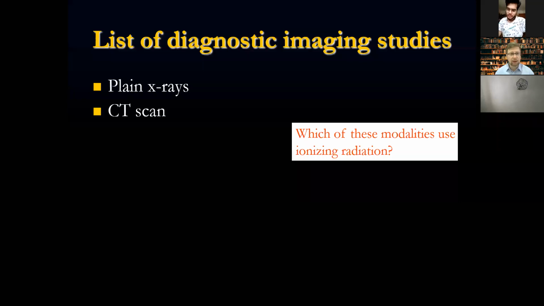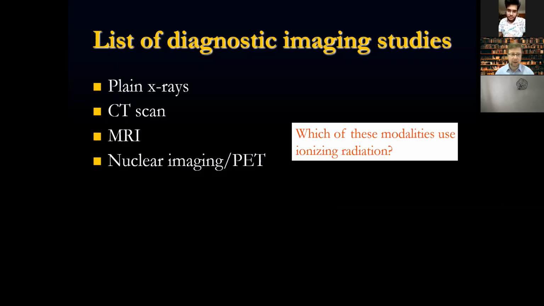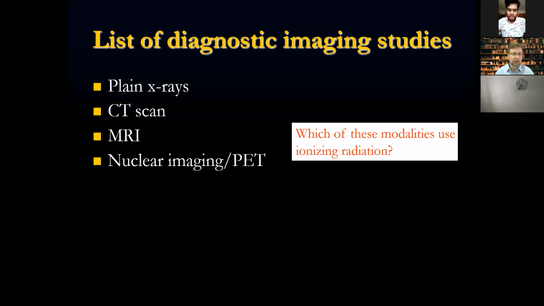If we look at the main diagnostic techniques which we use in the clinics, on the first place there will be plain X-rays. Everyone knows this method. It's very commonly used and easy to perform, with a low radiation dose. On the second place, probably there will be CT scan.